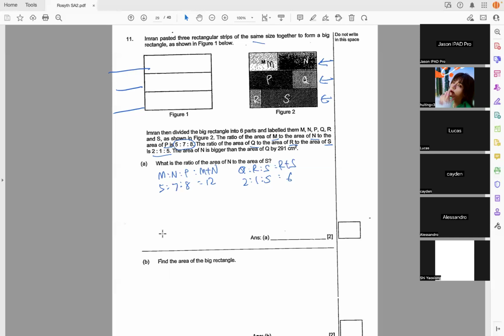So R plus S must be the same as M plus N. So let's make it the same, times 2. Now the question is, find the ratio of N to S. So it's 7 is to 10, N to S.